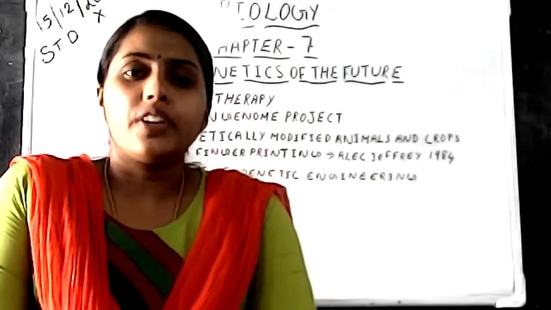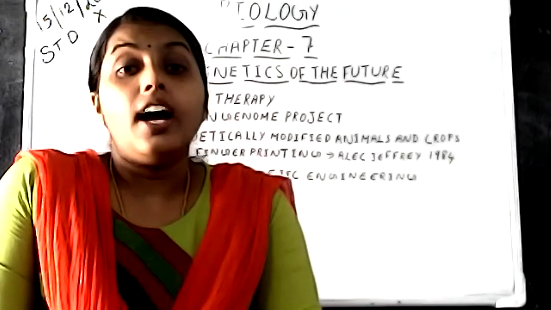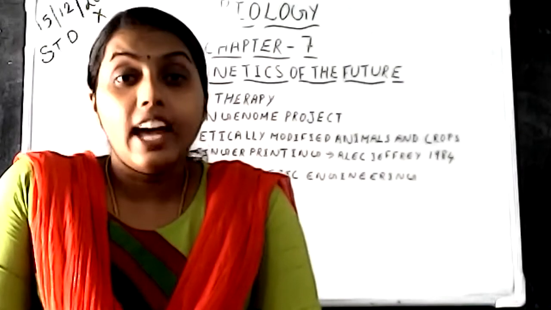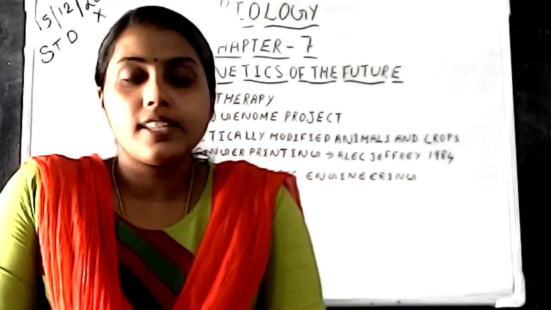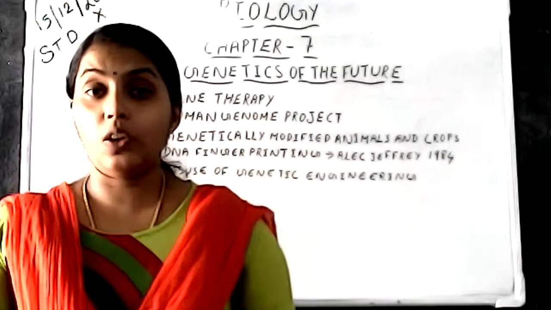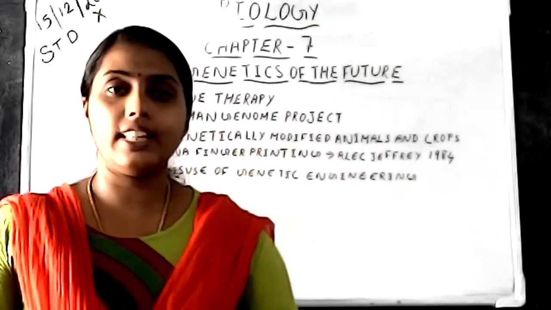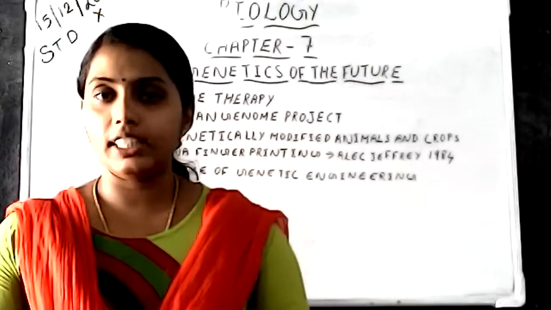Only our close relatives, that is our father and mother, have some similarities in the arrangement of nucleotides. That's why if a child is lost by any natural calamities or by war or anything, and after many years they find that child, their parents want to identify whether it's their child itself.